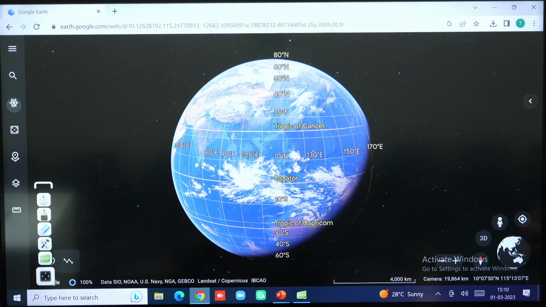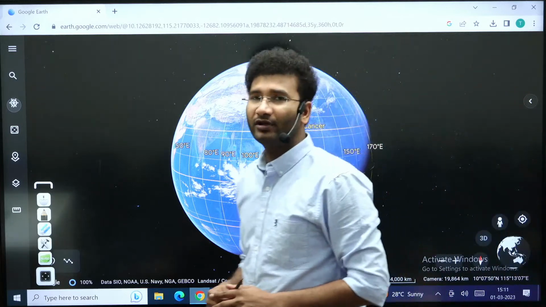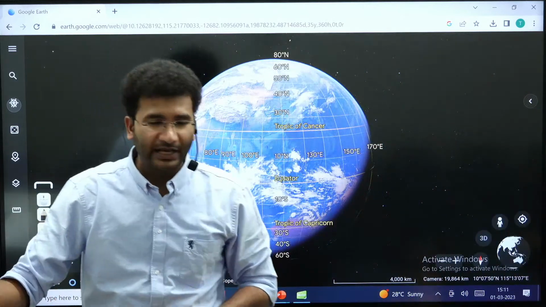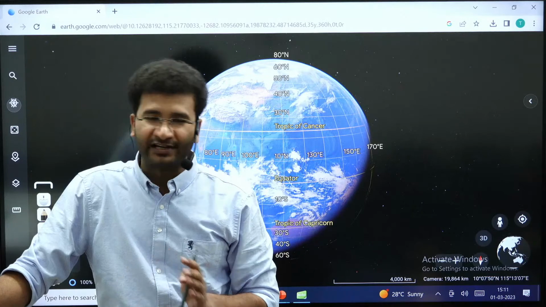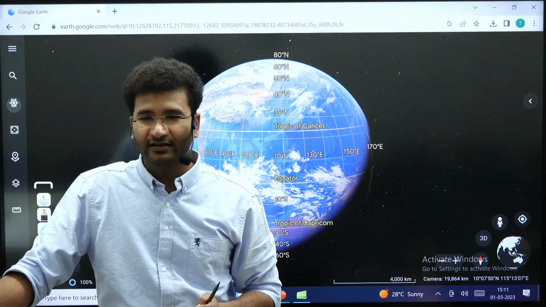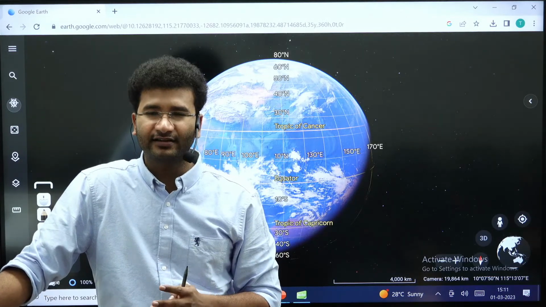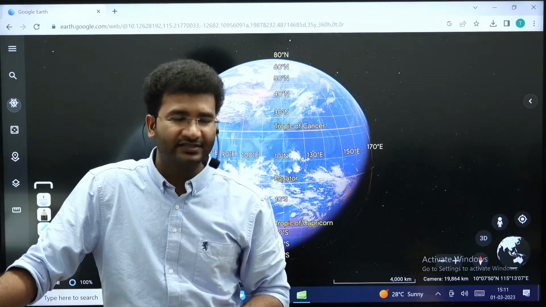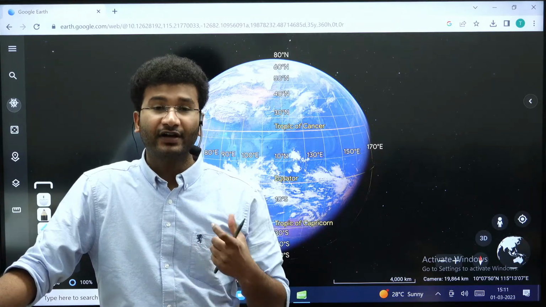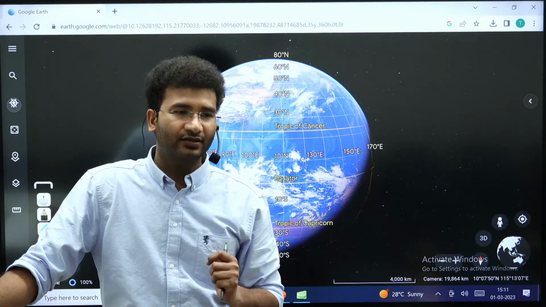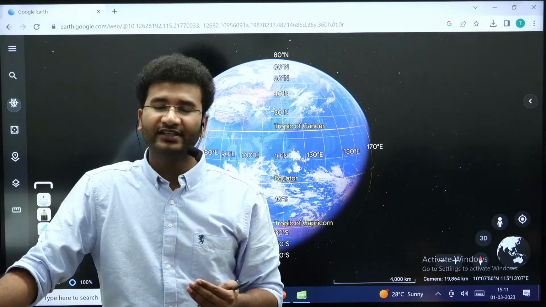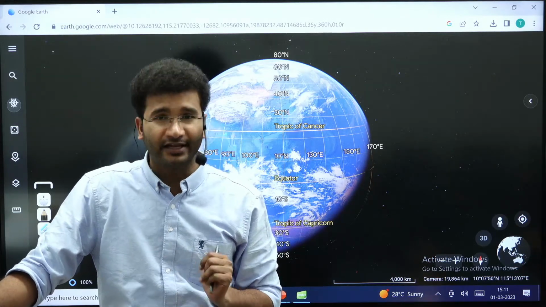And today we'll be discussing in little more detail about the various kinds of plates and the interactions among these plates, right? So last class में हमने ये discuss किया था that what are the different types of plates that are present and what are the different kinds of layers of the earth which are there and how these seismic waves are helping those layers.